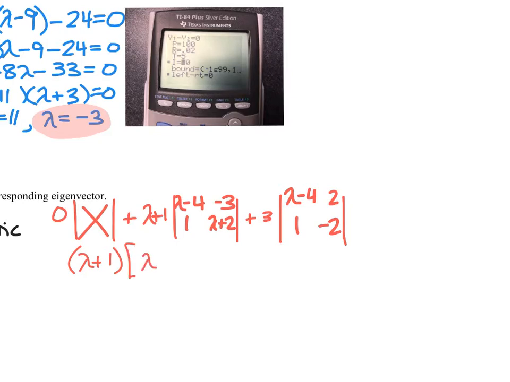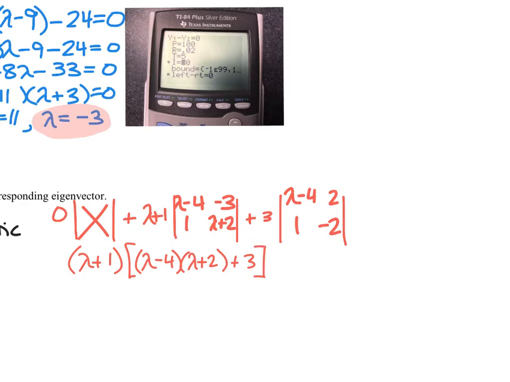So, lambda minus 4 times lambda plus 2, then minus a negative 3, so plus 3. Then I'm going to have plus another 3, but this time multiplied by, I'm going to do 2.